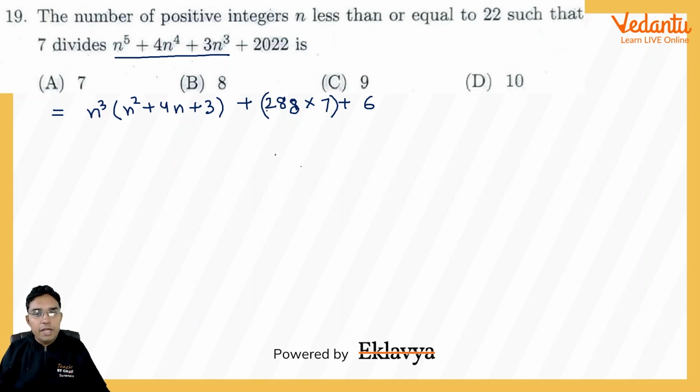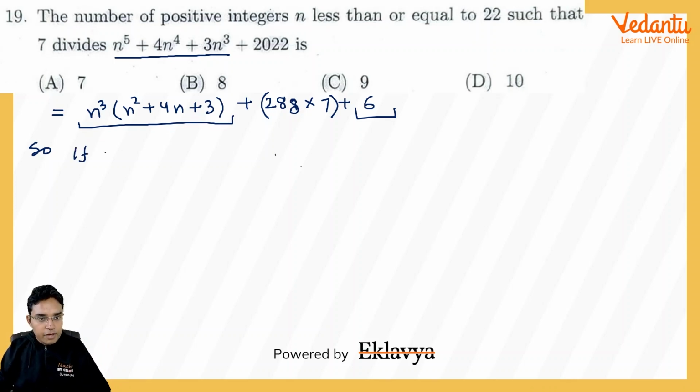Yeah, so that means if 7 divides this thing completely, so 7 should divide this plus 6 also completely. Okay, that means I can say that this 7 should give you a remainder of 1 if we divide this first expression.